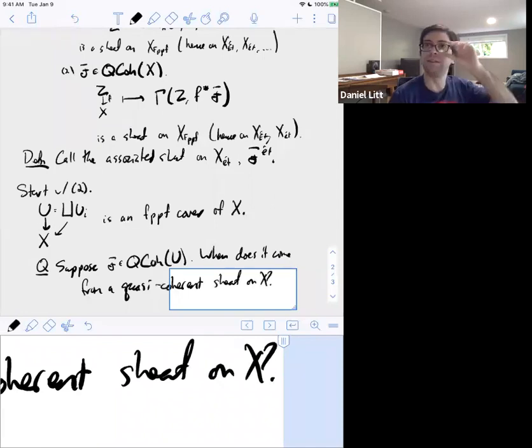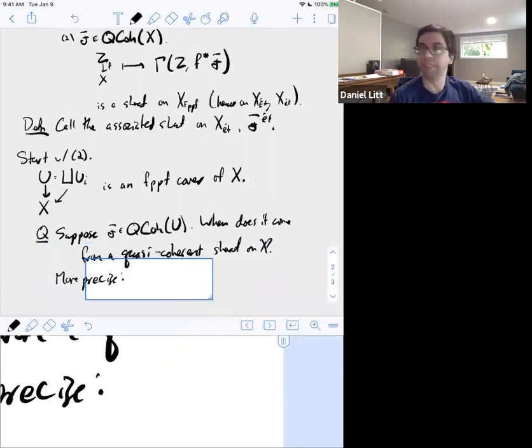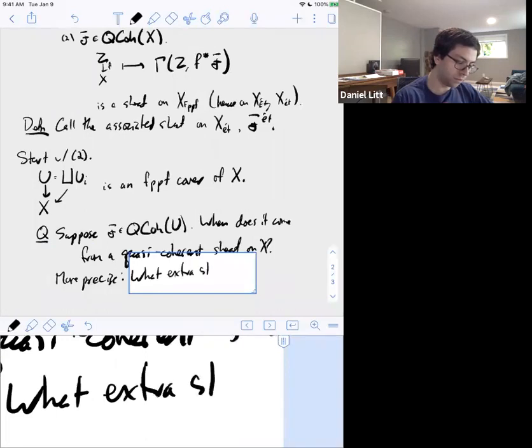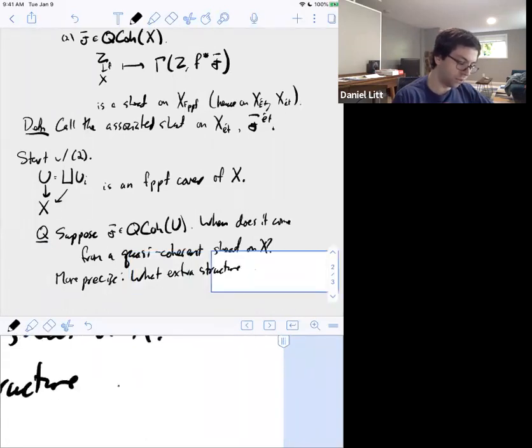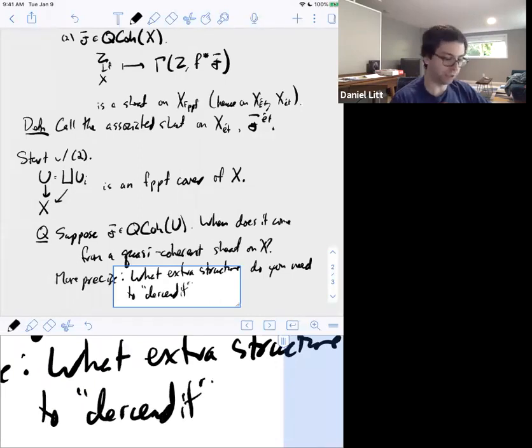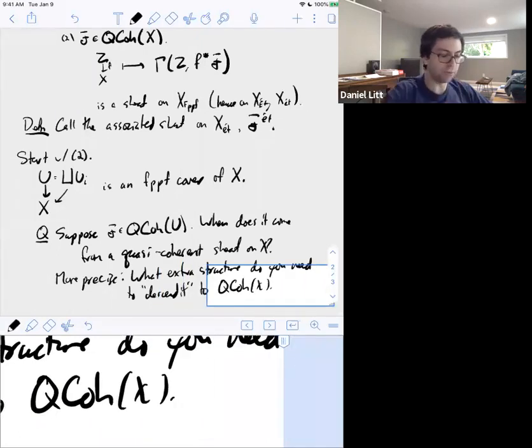Maybe we can even ask a more precise question: what extra structure do you need to descend it, and we'll make that precise in a second, to a quasi-coherent sheaf on X? When I say come from a quasi-coherent sheaf on X, I mean, when is there a quasi-coherent sheaf F prime on X and an isomorphism between its pullback to U and this sheaf we're given?